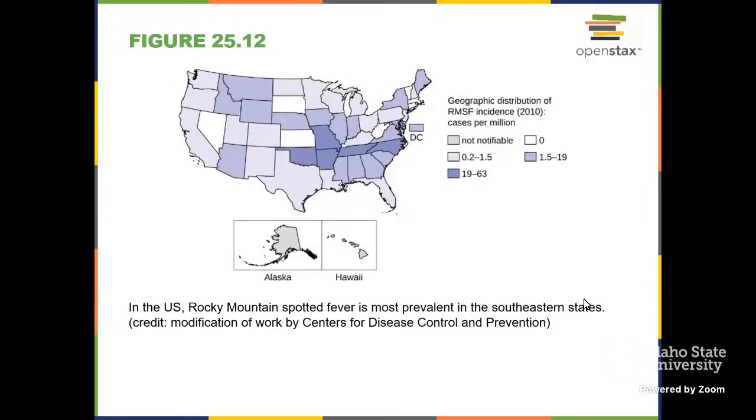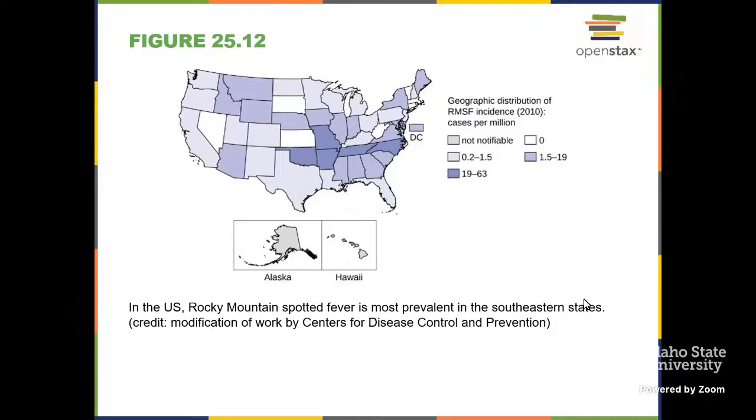So this next one kind of hits close to home, but truly when we think about the incidence of it, it's really not mainly in the Rocky Mountains, but Rocky Mountain spotted fever is the name of this disease, and really identified up in the nose of Montana.